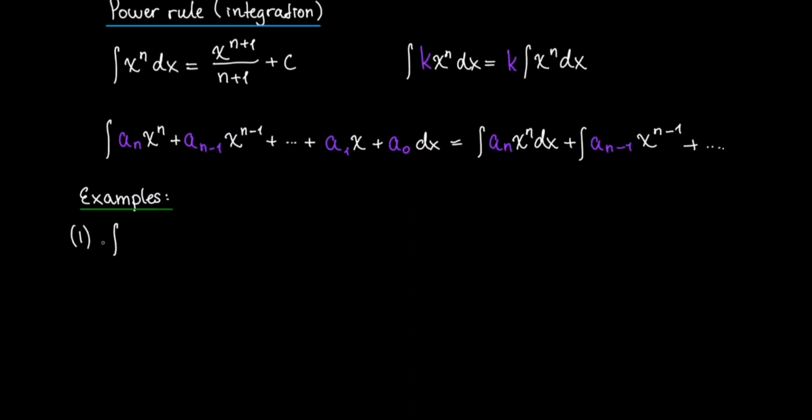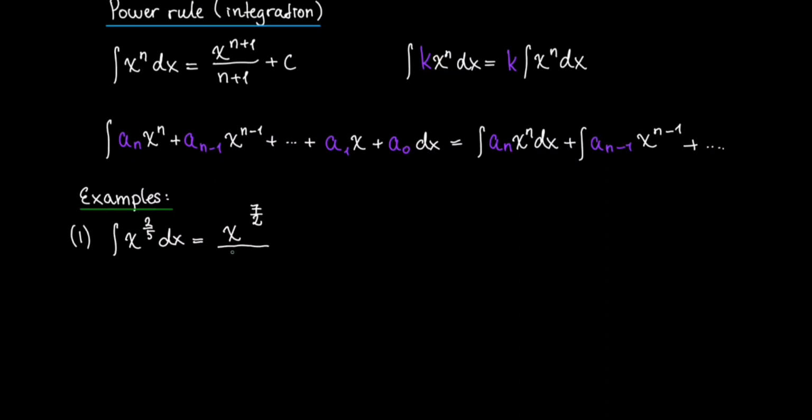For the first example, we're tasked with computing the integral of x raised to the power of 2 over 5. So here, step number 1, we would first add 1 to our power. So now x is going to be raised to the power of 2 over 5 plus 1, which in our case is going to be 7 over 2.